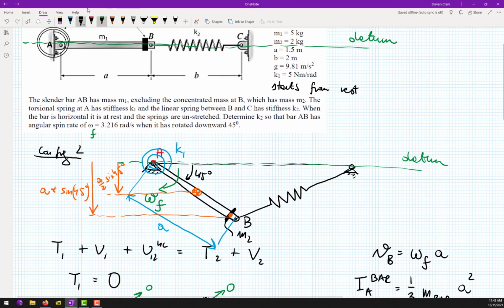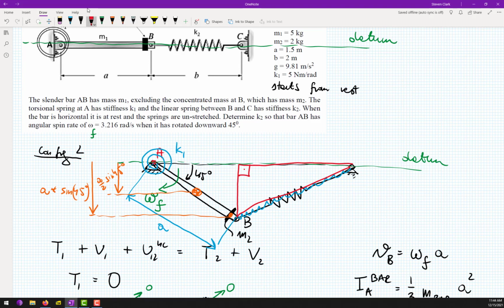So this is our L final. What I would go for is this triangle.